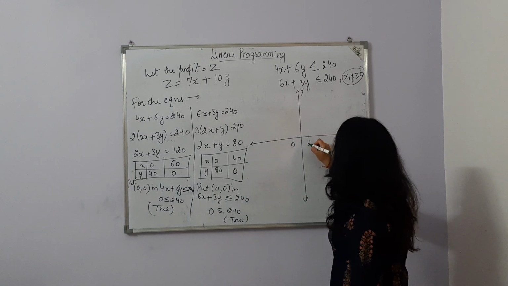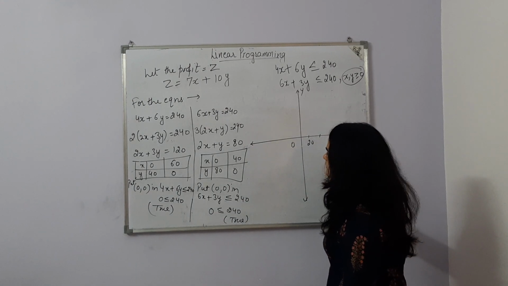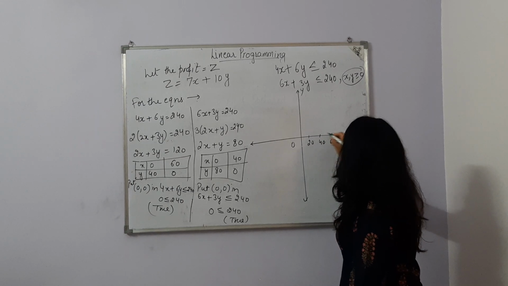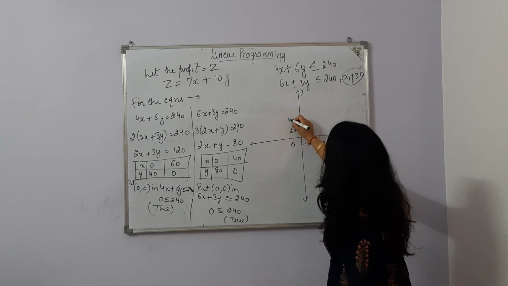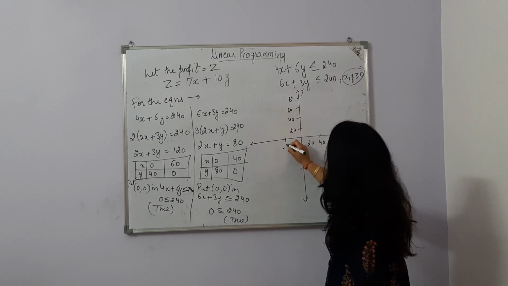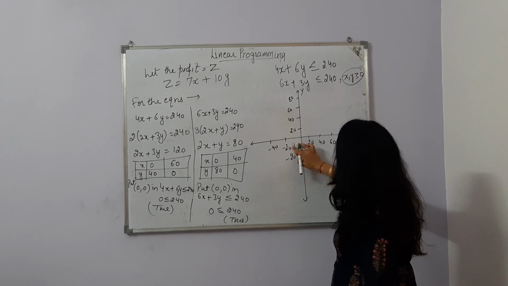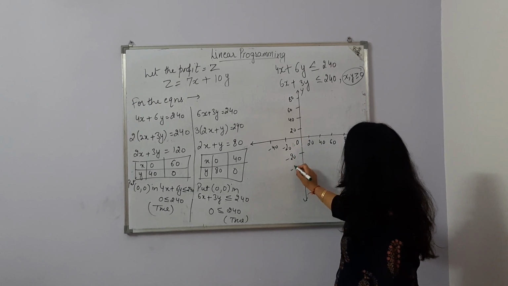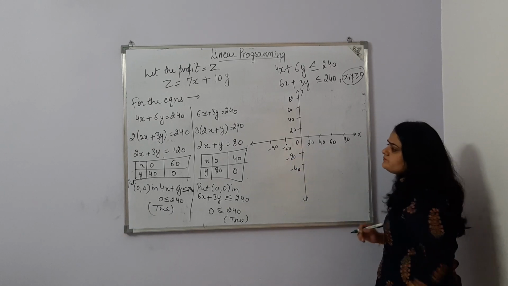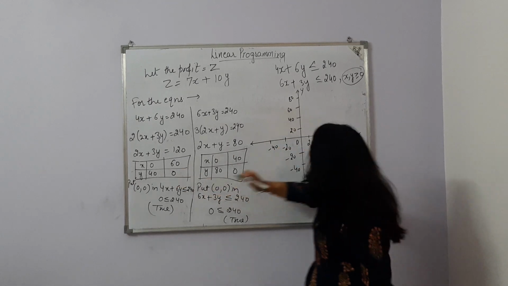We can take a width of 20, or even a width of 10. The axis marks are 20, 40, 60, 80, and minus 20, minus 40. Now, the very first point is 0, 40.